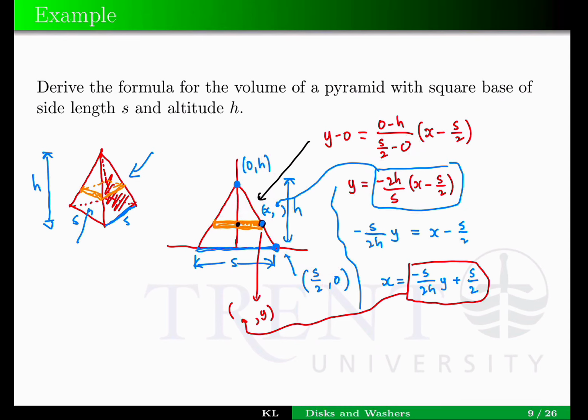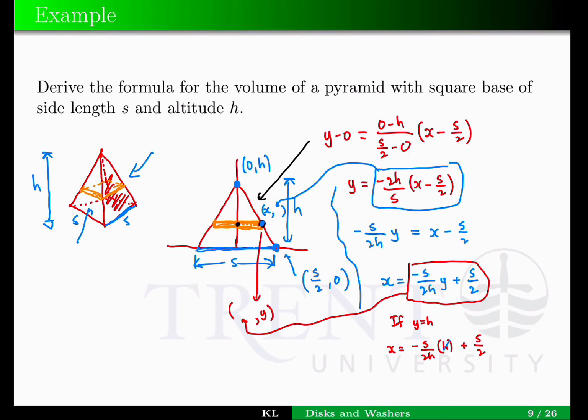So notice, if y is equal to h, we expect that the x coordinate will be 0. So if we replace that with y equals h, notice that x is equal to negative s over 2h times h plus s over 2.